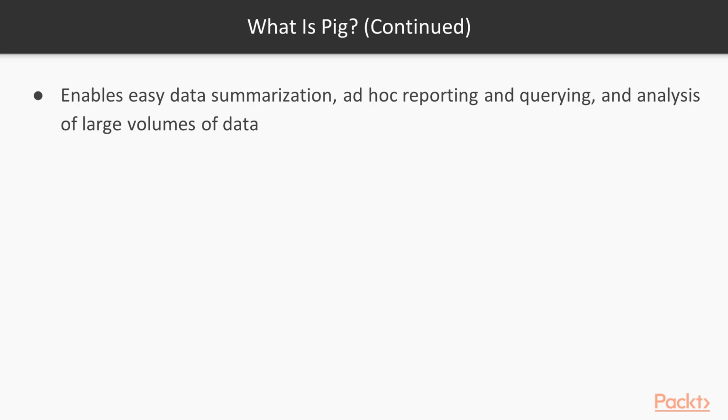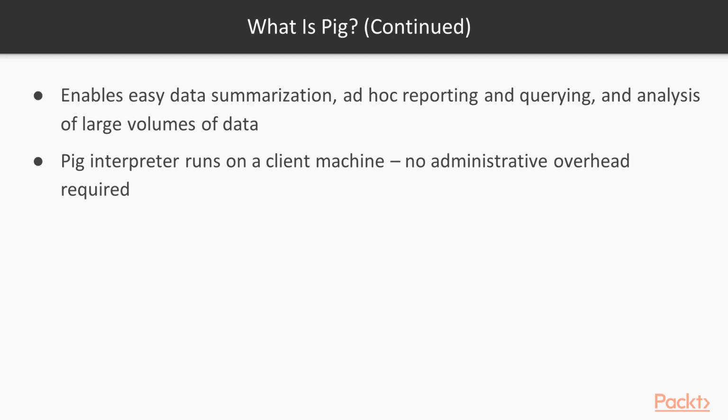But Pig has an added advantage. It can work on semi-structured and unstructured data as well. The Pig interpreter runs on the client machine, and that's why no administrative overhead is required. Pig can easily be installed on your machine and can work without any administrative overhead.